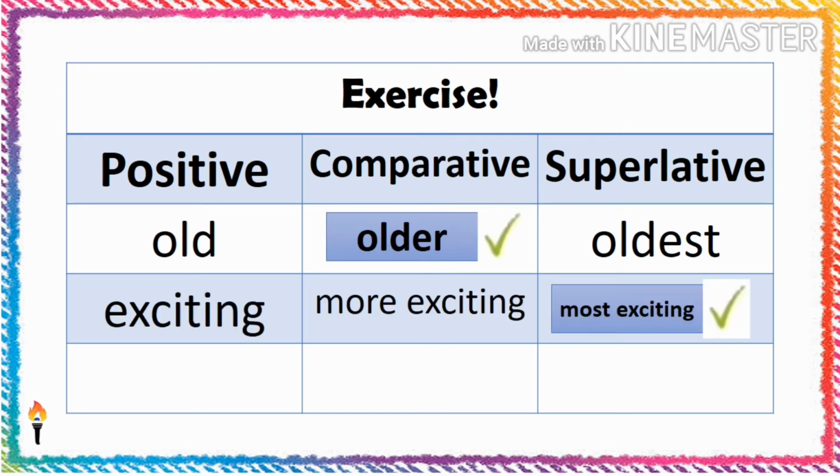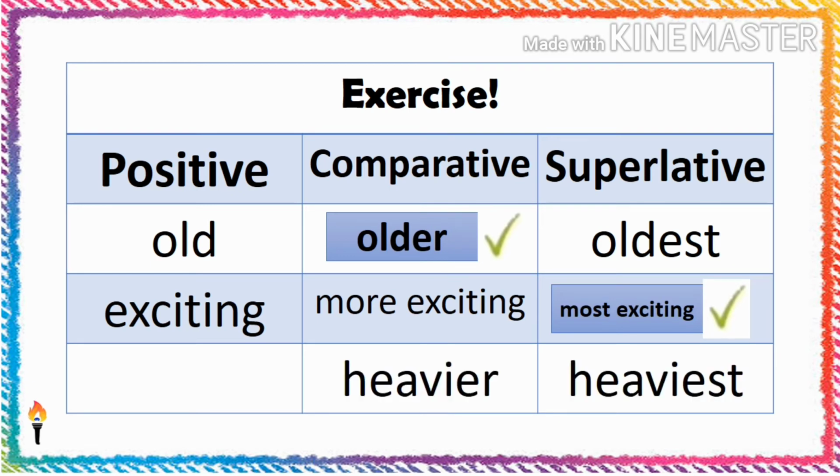Exciting, more, most exciting. Blank, heavier, heaviest. This applies the third rule, which is we change the Y into I and we add ER for the comparative and EST for the superlative. So the word here is heavy. Did you get the right answer?